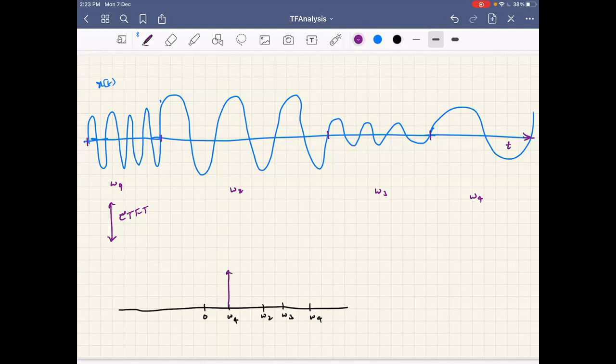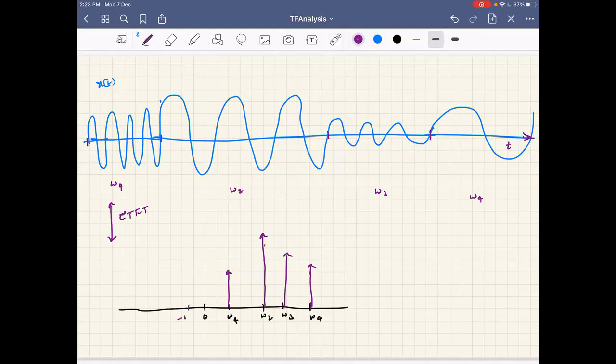The amplitudes will also vary depending upon the magnitude of the frequency components. Omega 2 may have higher amplitude and so on. The same thing will happen on the negative side.